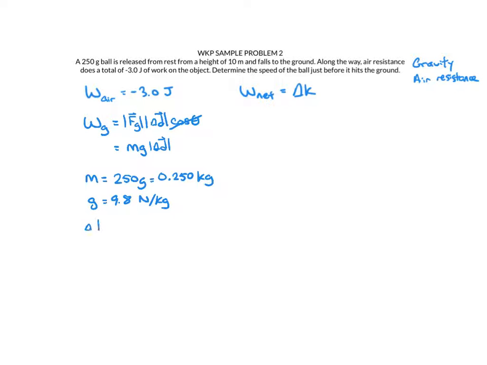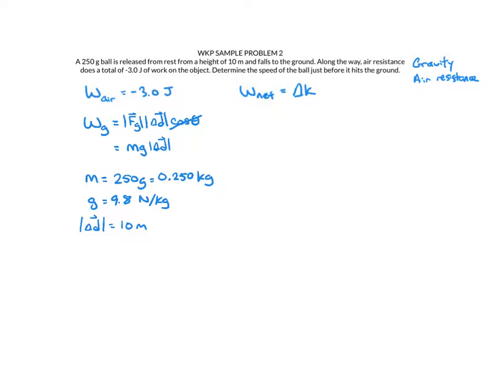And I know my displacement has a magnitude of 10 meters. So I'm not going to concern myself with WG anymore because I'm confident that I can calculate that when I need to.